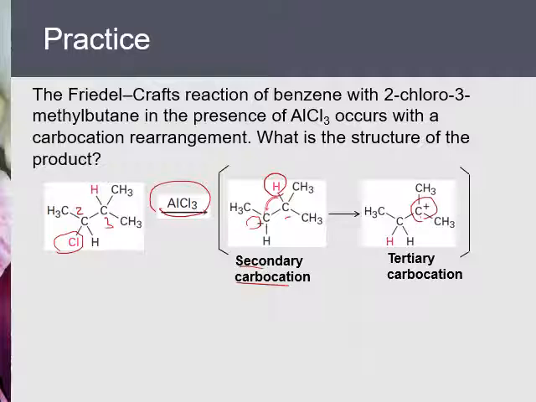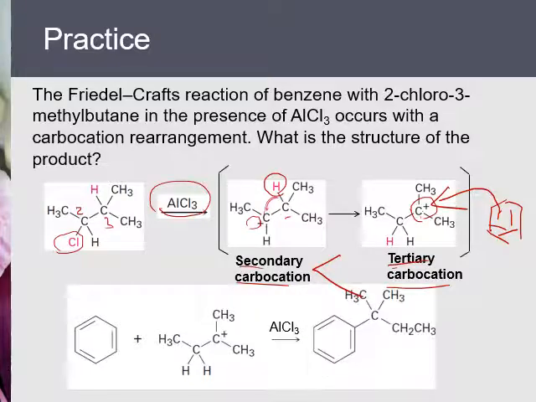This third carbon is a tertiary carbocation. Tertiary carbocation is more stable than secondary carbocation, so rearrangement can happen. All right, and now the benzene ring will attack this one, and that's the product.